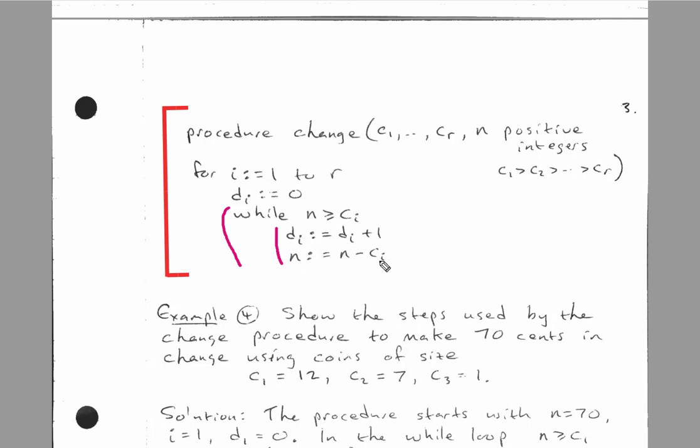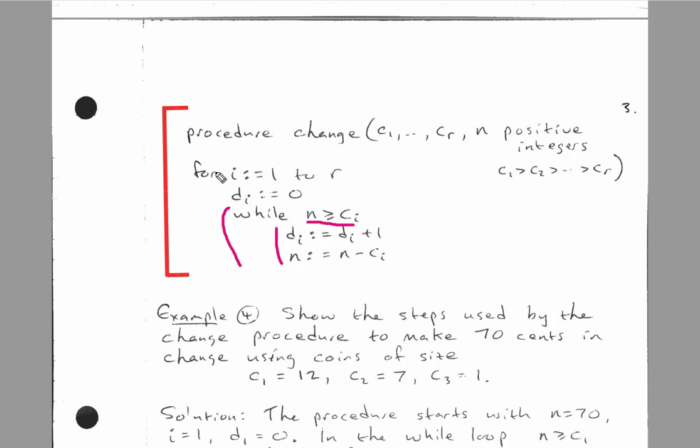We're going to use one of those coins, so n goes down by C1, and this counter goes up, so D1 gets increased by 1. Then just keep using another C1 coin until this becomes false, until n is less than the value of C1, so you can't use C1 anymore.